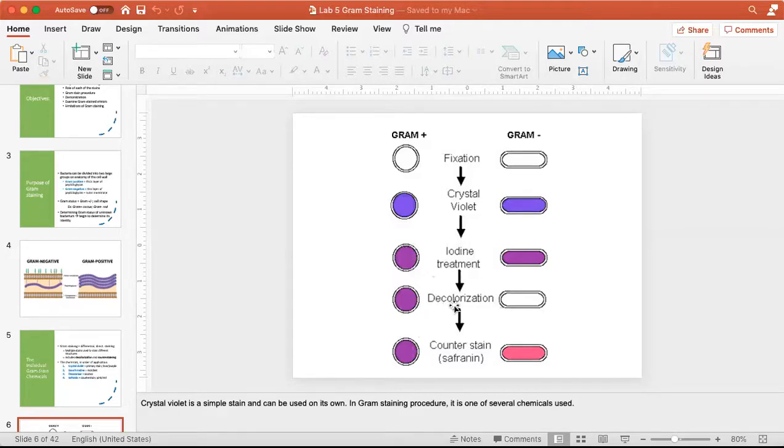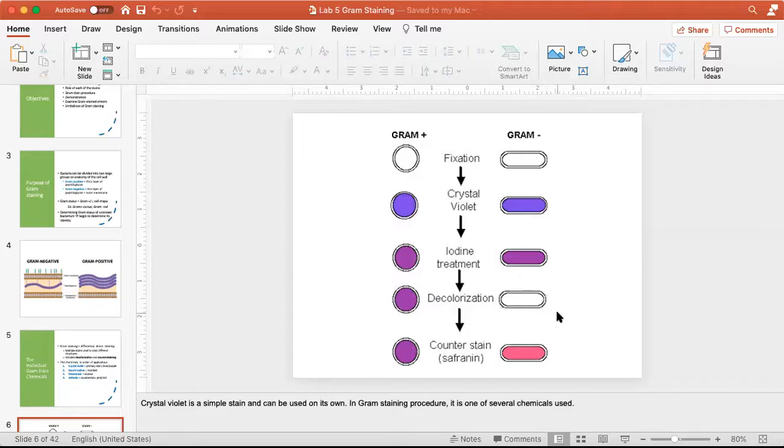So we're only going to do it for a certain number of seconds. It's not going to be enough to take all of the crystal violet out of that nice thick layer of peptidoglycan. So those cells are going to stay purple. But look what happens to the Gram negative cells. When we decolorize Gram negative cells, because the peptidoglycan layer is so thin, we're going to get all the purple back out.